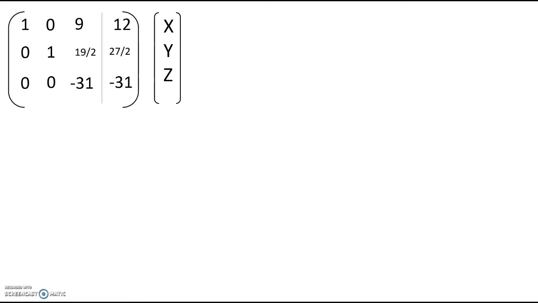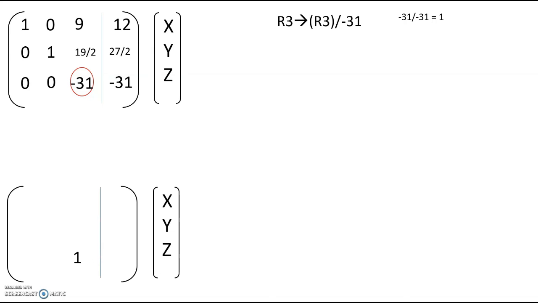To achieve the diagonal 1, I need to change the value of column 3 in row 3 into 1. So I'm going to divide row 3 with negative 31. So negative 31 divided by negative 31 is equals to 1. And then same goes for the whole row. So 0 divided by negative 31 is equals to 0.